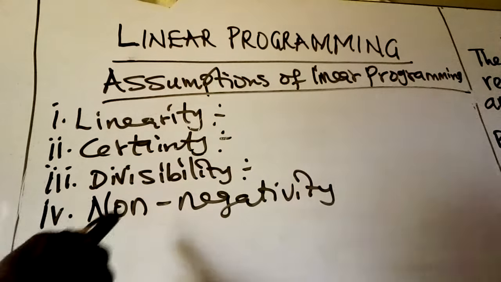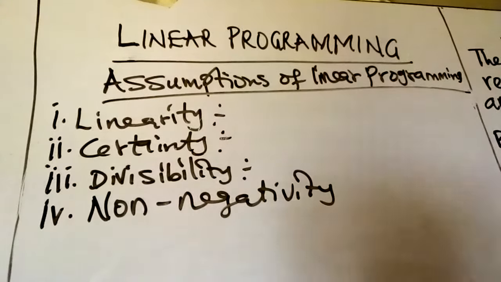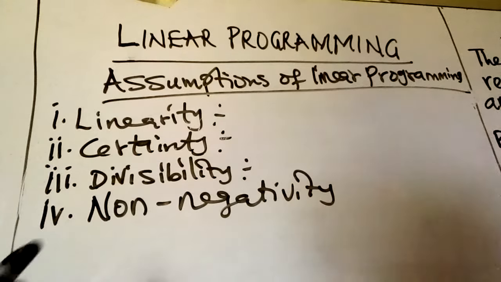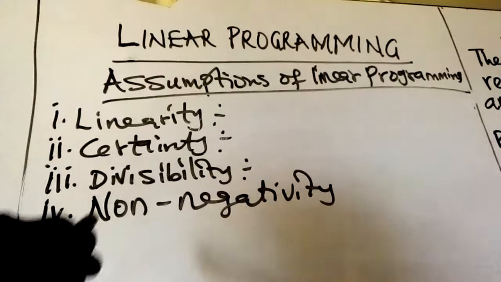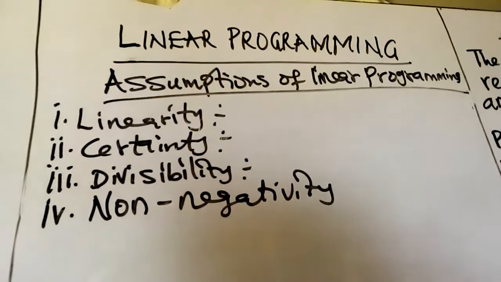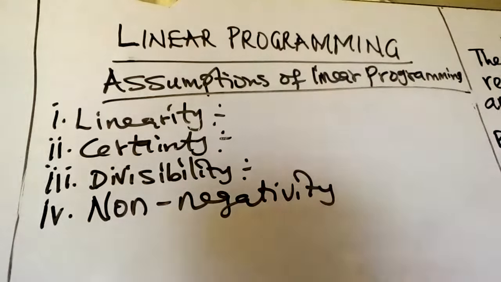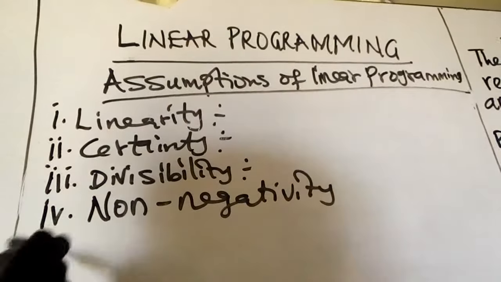So you can't manufacture a negative unit of a product. Have you seen -2 breasts? -5 beds? So it is not possible. So all the variables must be positive.